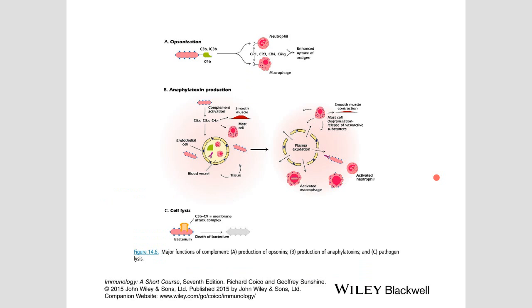And in real time, you can see these opsonins attached to the bacteria, and then the corresponding receptors on the neutrophils allow the neutrophils to chew them up. The same goes for the anaphylatoxins. You have this small A portion, and you need to secrete it to cause the bigger picture of inflammation, so you can bring in more players.